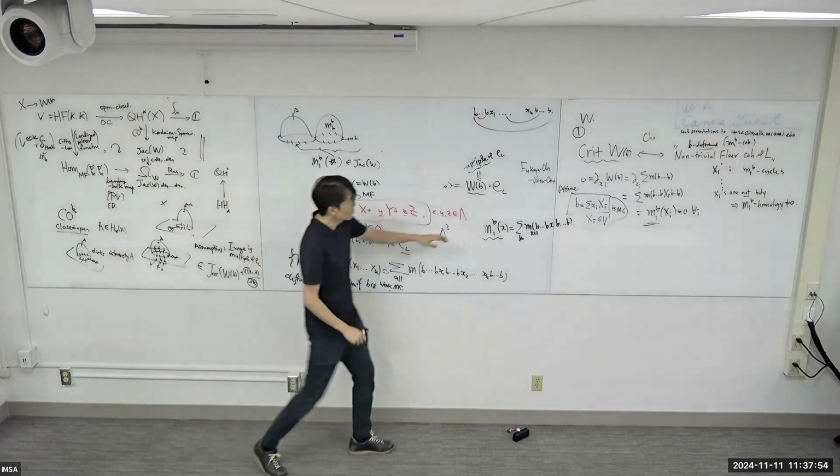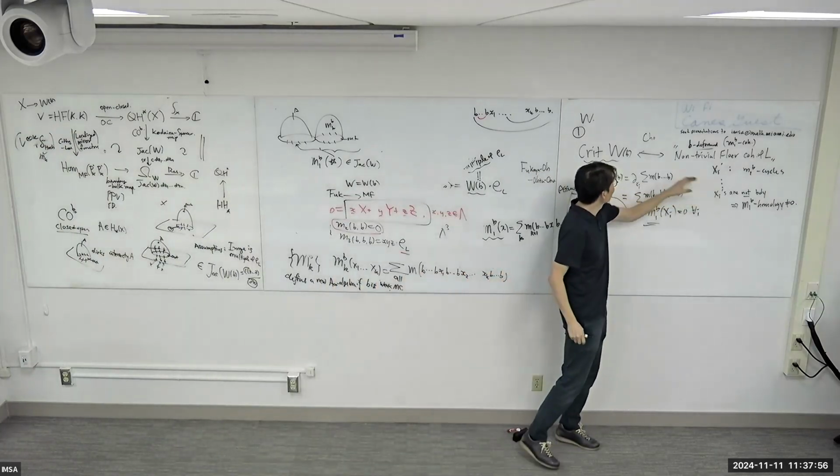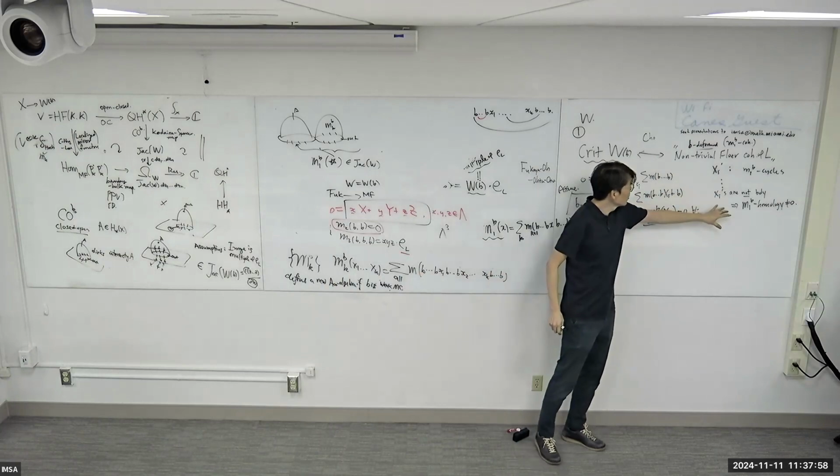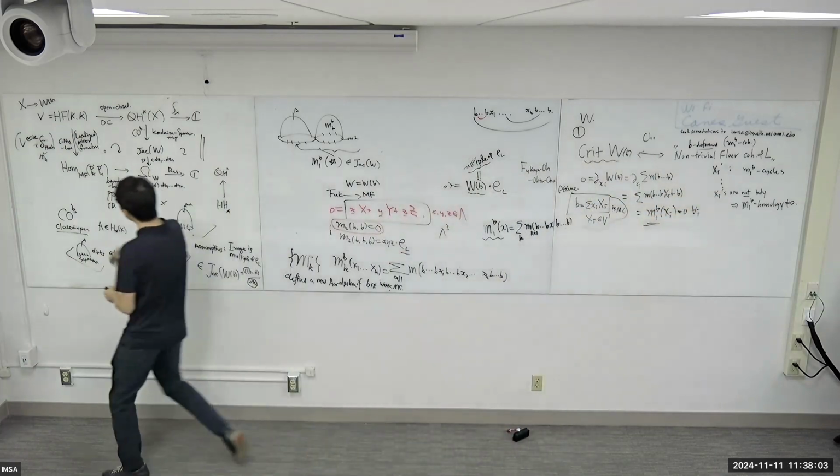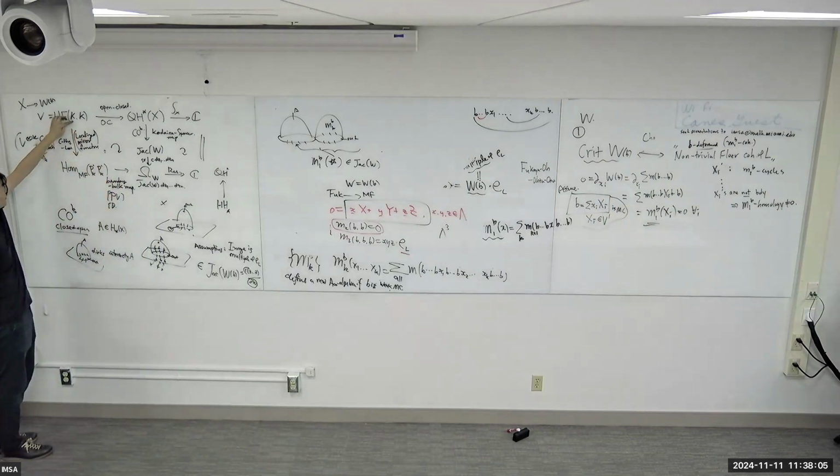And just like here, it's very algebraic, right? Critical points and non-trivial homology are very algebraic. Like that, there is a very algebraic functor from any Lagrangian K to matrix factorizations.